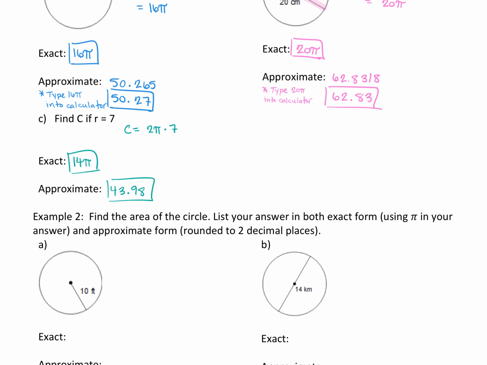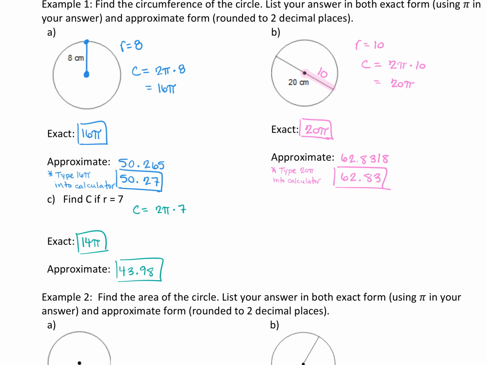Now let's go back and make sure we have the correct units on all of these. This was centimeters, so it's 16 pi centimeters, 50.27 centimeters. This was also centimeters, so 20 pi centimeters, 62.83 centimeters. Here, since there are no units given, what you would say is 14 pi units and 43.98 units.